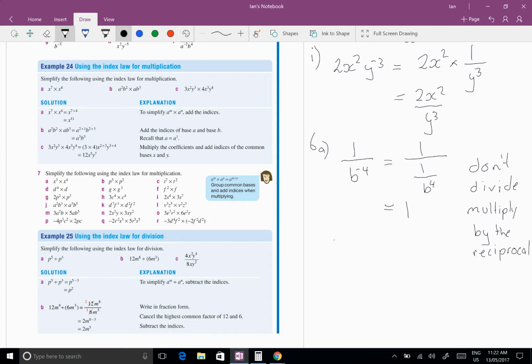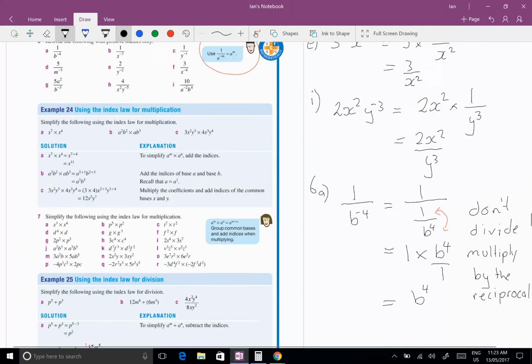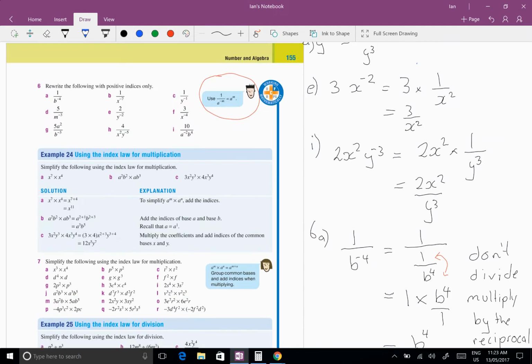So I have the 1 on top, and now I multiply by b to the 4 on 1. I take the reciprocal of this, I turn it upside down, I flip it, and then I just get b to the 4 on 1, which is just b to the 4. So when you see one of these questions with 1 over the top, you can just turn them upside down.